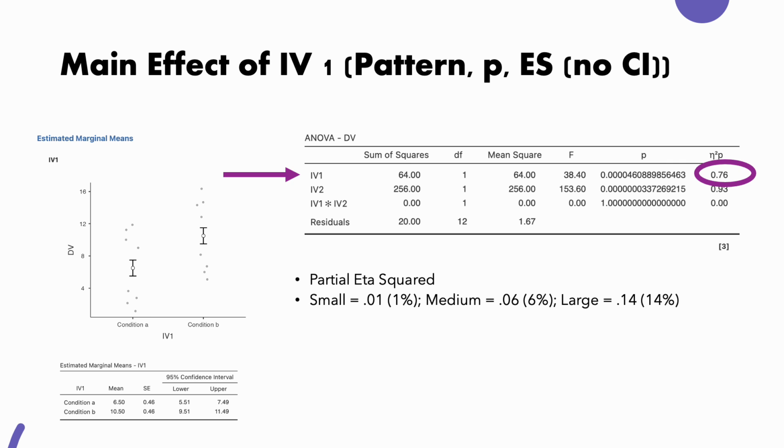This is 76%. So in this case, we know that our independent variable is associated with 76% of the variability in the dependent variable. So we get pattern, P, and effect size.